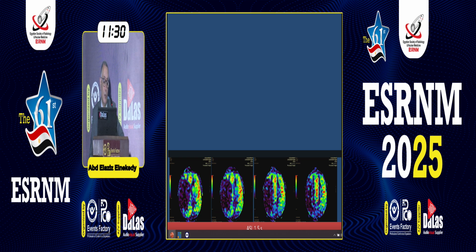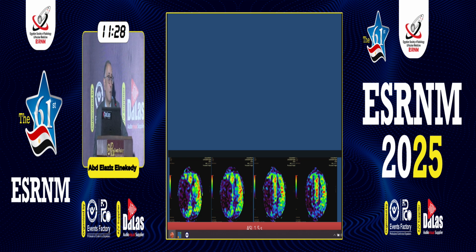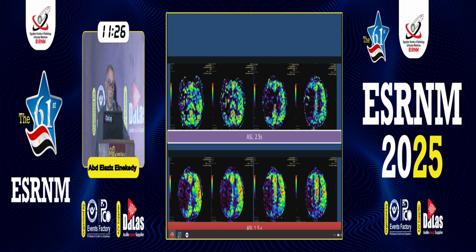This first one is ASL taken at 1.5 seconds delay time, and this is another delay at 2.5 seconds. We will find that there are some areas of adequate perfusion seen within the areas of the marked hypoperfusion. This delay is important, and it warrants us to do multi-delay ASL.